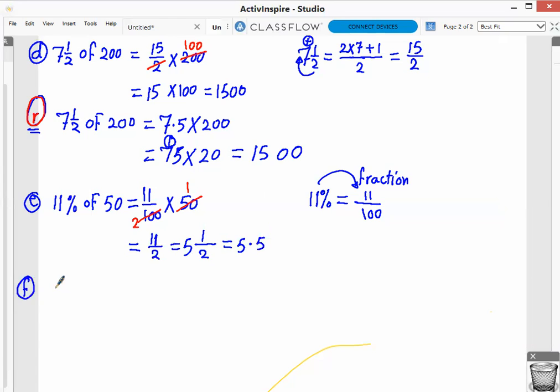F. About the next example. If you calculate 3/8 of 32.